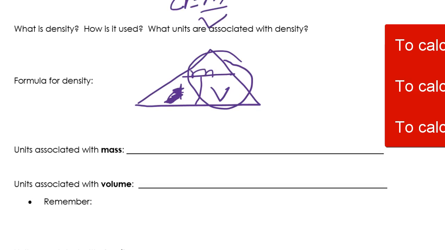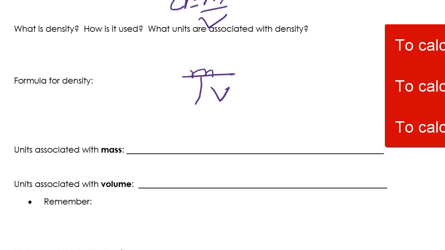However, if I cover up my V, okay, let me go back and erase this right here. And if I decide I'm going to find my formula for volume, let me go back and redraw that pic again so you can see how it's worked.